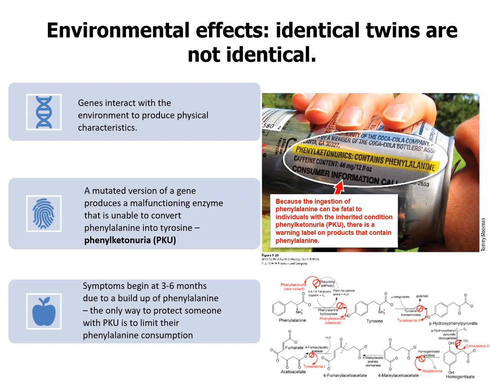Ooh, that is such a hard word to say. We'll call it PKU from now on. PKU is a condition where you have a malfunctioning enzyme that is unable to convert phenylalanine into tyrosine.